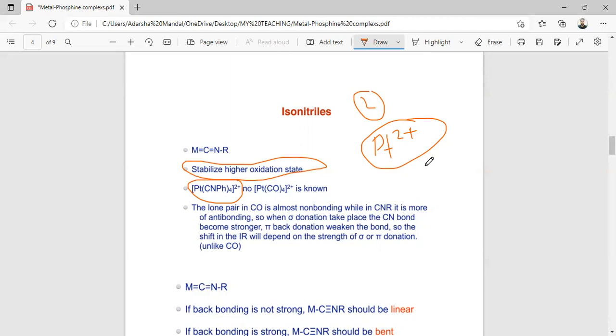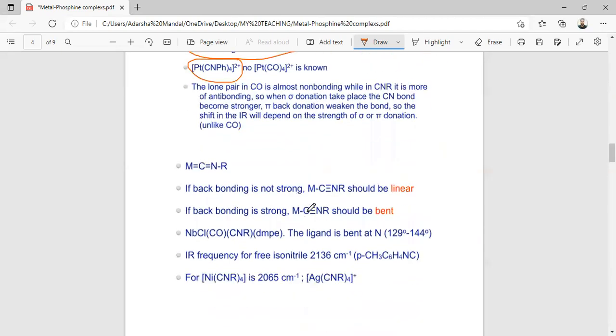So that means the isonitrile can bind in two modes. When the back bonding is not strong, it will bind in a linear fashion.